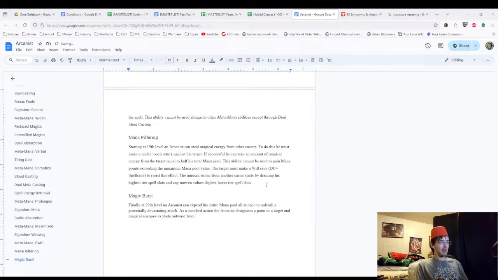Magical energies explode outward from that point, dealing an amount of damage equal to 1d8 chaos damage for every, let's see, if it's 22, that's 11d8.